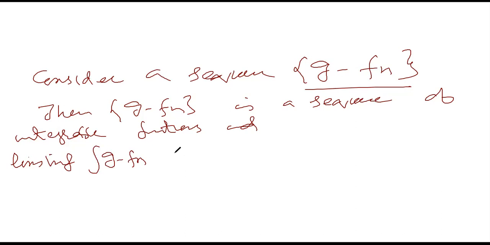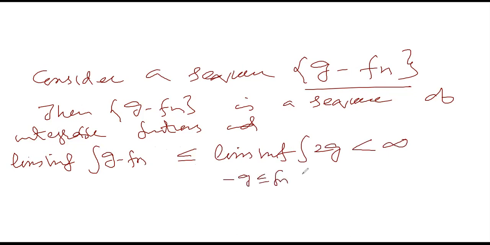So you can verify that g minus fn is actually less or equal to limit inferior of integral of 2g. You can see that this can be easily verified. This is finite because we had this minus g less or equal to fn less or equal to g.